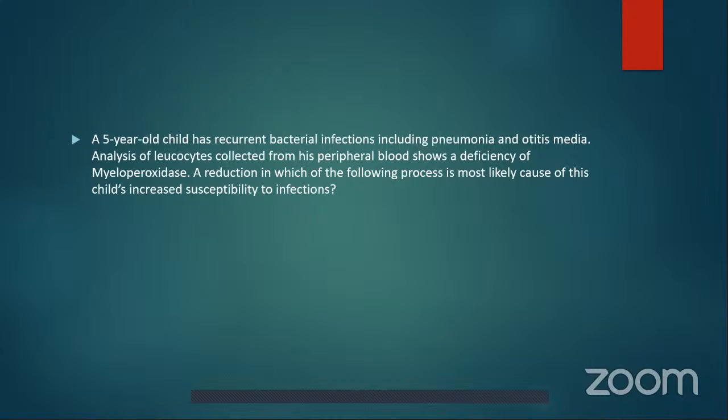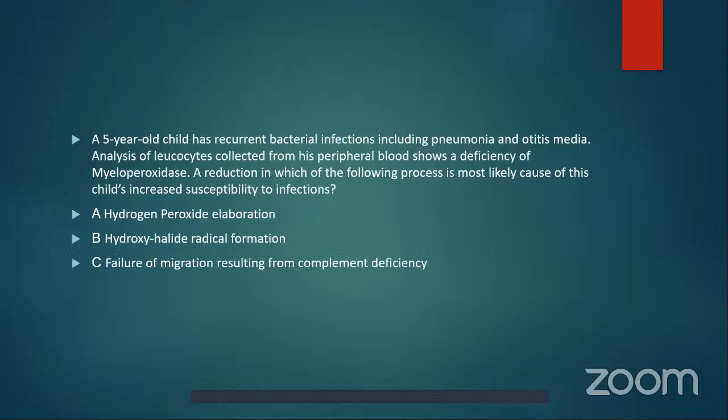Now, what is reduced? Is it hydrogen peroxide elaboration? Is it hydroxy halide radical formation? Is it failure of migration resulting from complement deficiency? Is it phagocytic cell oxygen consumption? Or is it prostaglandin production?